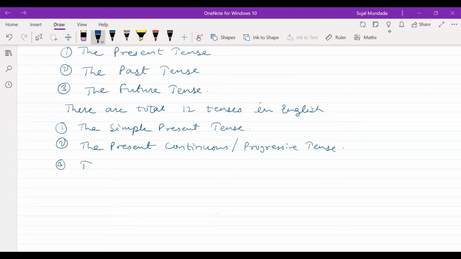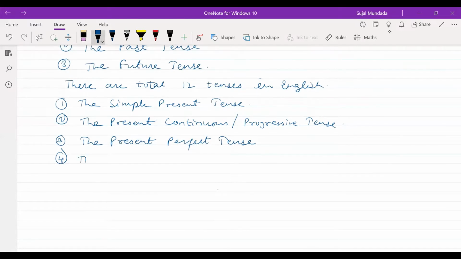Number three, the present perfect tense. And then we have the present perfect continuous tense.